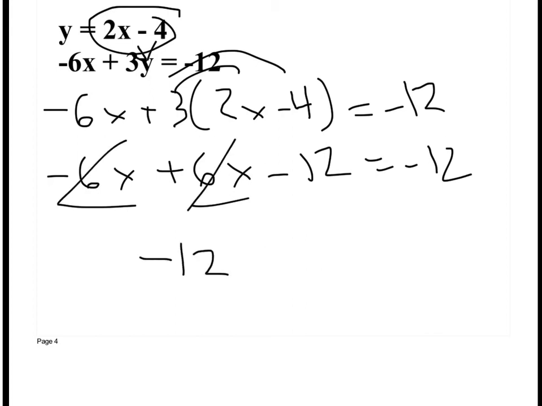I get negative 12 equals negative 12, which means there's infinitely many solutions because it's an identity. I got rid of x. So this would be a case where they're the same line. They don't cross one time, they cross at every point. They're infinitely many. Okay? Any questions?